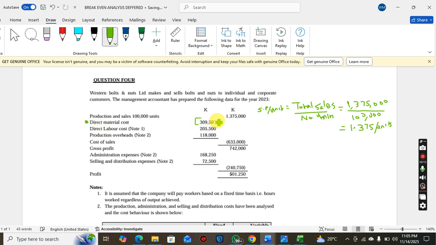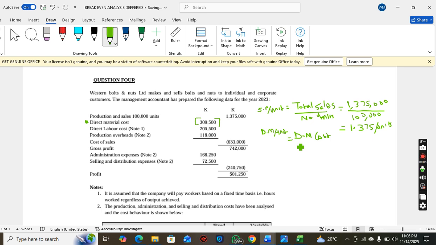Our direct materials cost per unit, DM per unit, is the total direct materials cost divided by the number of units.